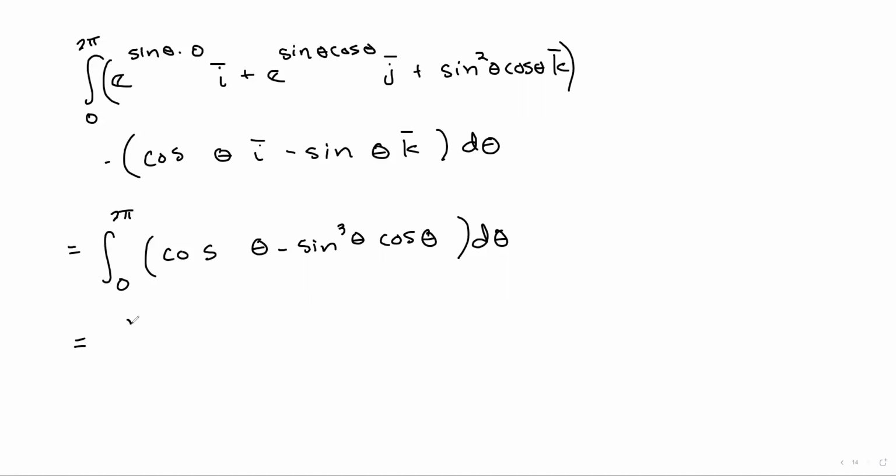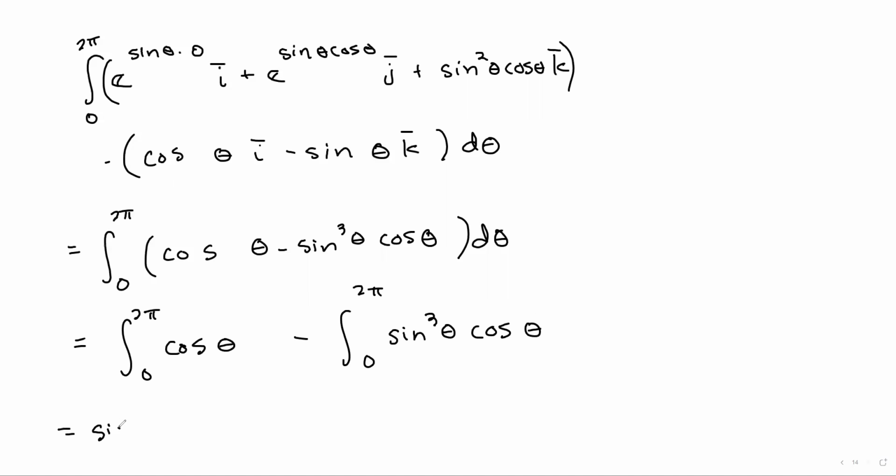All right, 0 to 2 pi cosine theta, 0 to 2 pi sine cubed cos theta. This is sine theta, 0 to 2 pi, which is 0 minus 0. So we're going to get 0 from that part. And then here we want to do u substitution.